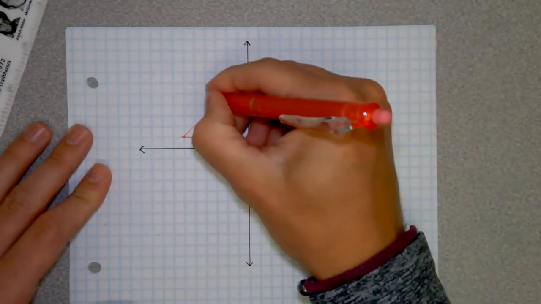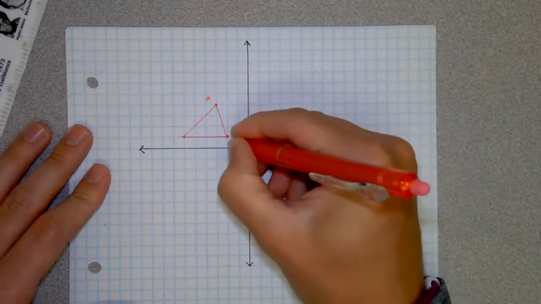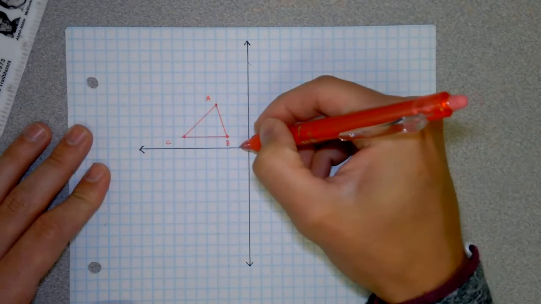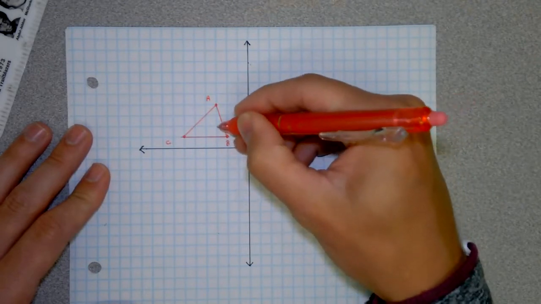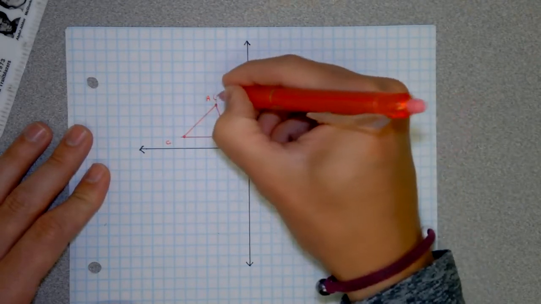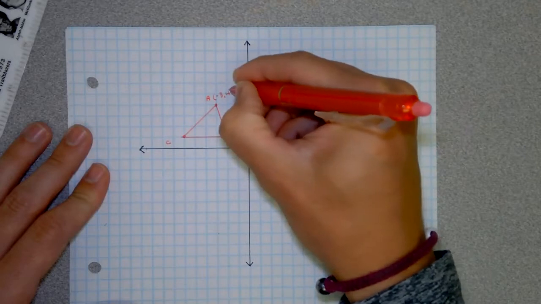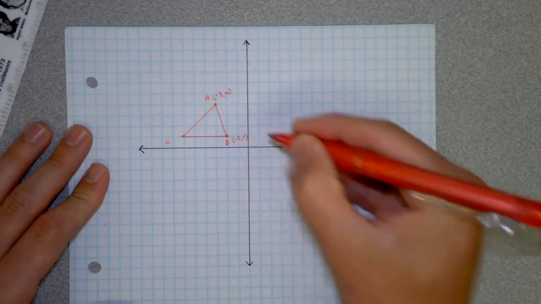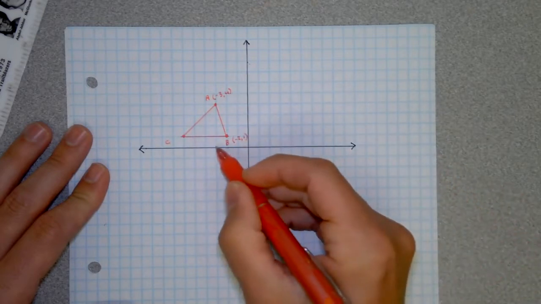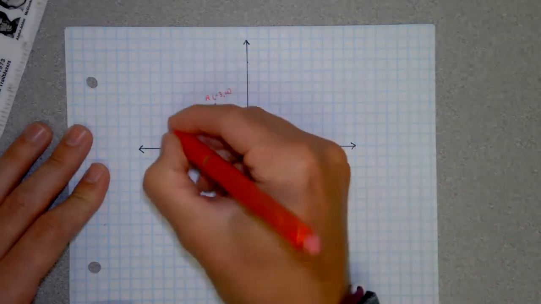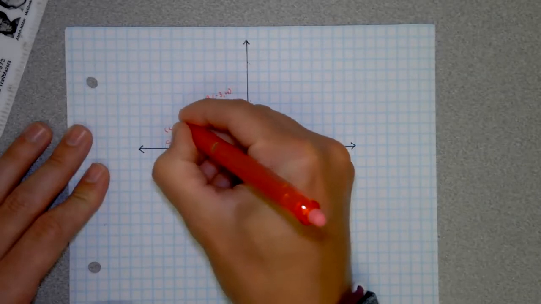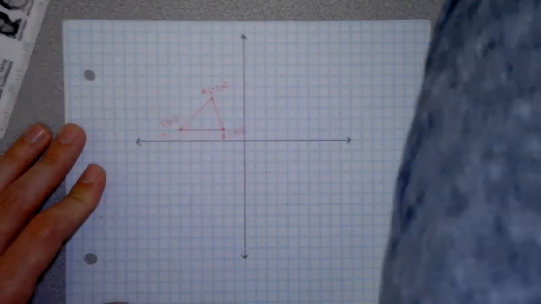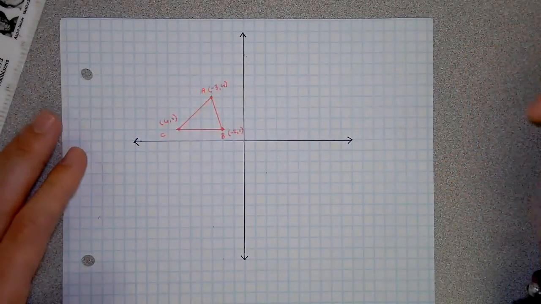So let's say we have triangle ABC. A is at -3, 4. B is at -2, 1. C is at 6, 1. All right, so we have a triangle there.